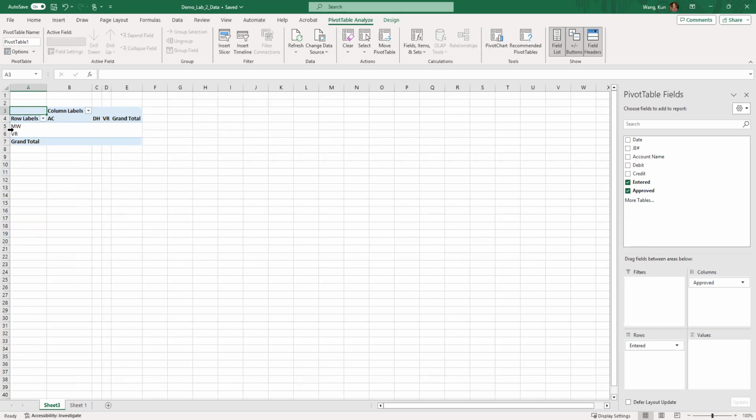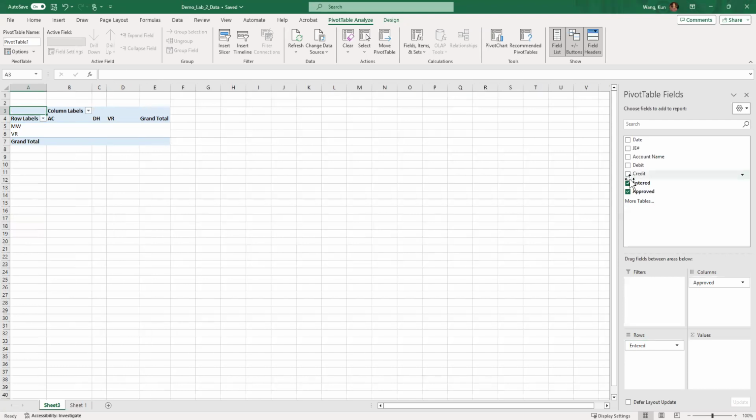Right now I'm putting the names in the rows, and then you have the other two on the columns. Then I'm using either the debit or credit as a way to evaluate the segregation of duties, to see whether a transaction was approved and entered by the same person or by different persons.